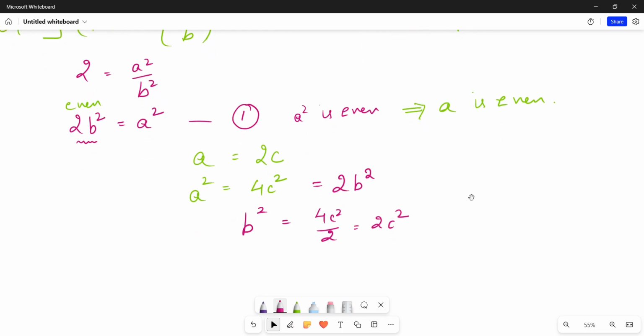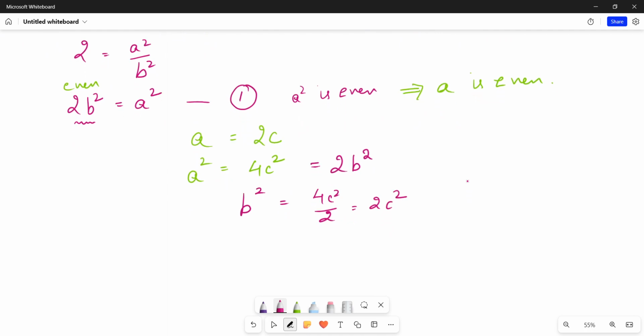It means that b squared is again 2 times some integer. Of course, it's a positive number because it's c squared. So b squared is equal to 2c squared, which means that b squared is even, which again means that b is even. There we have arrived at a contradiction.